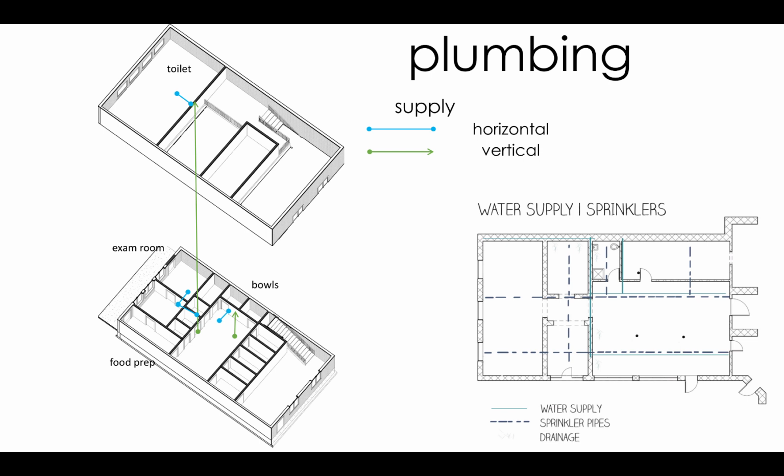On the left side is a two-story project where the main goal here is to determine if, first of all, the vertical plumbing lines up with the first floor and second floor lining up with each other.